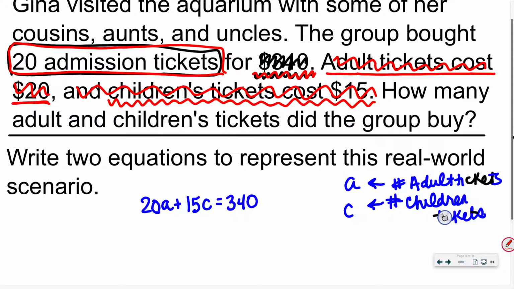What other information is given to us that we can represent in an equation?